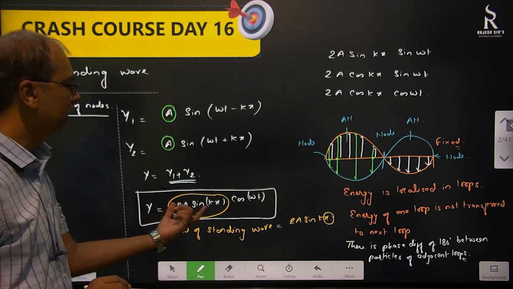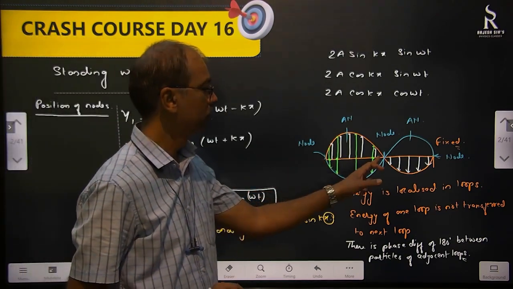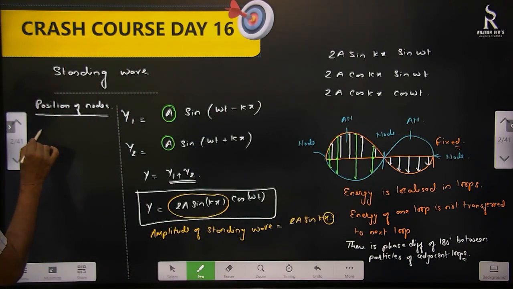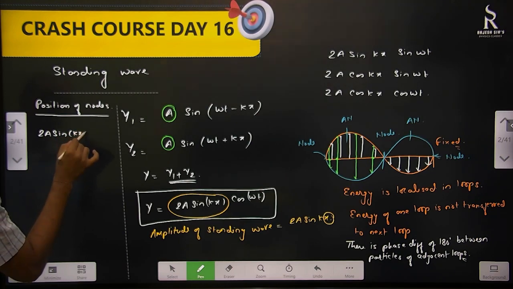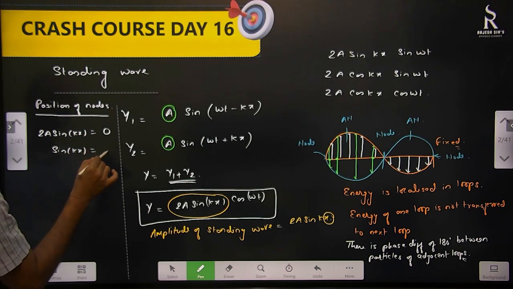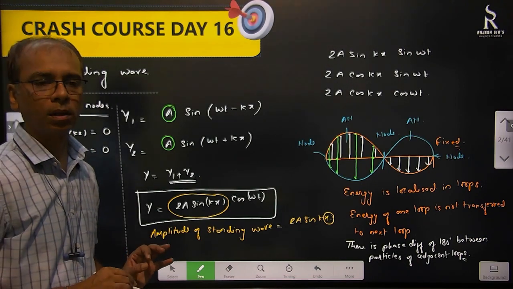Now this is deciding the amplitude. Nodes means what amplitude? 0. This is 0 amplitude. So 2a sin kx equal to 0. It means sin kx is 0. Now the question is, at what value of sine will we get 0?